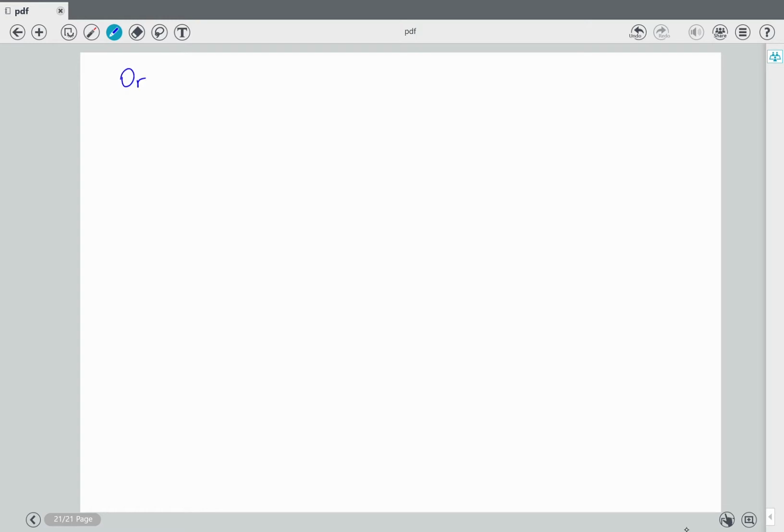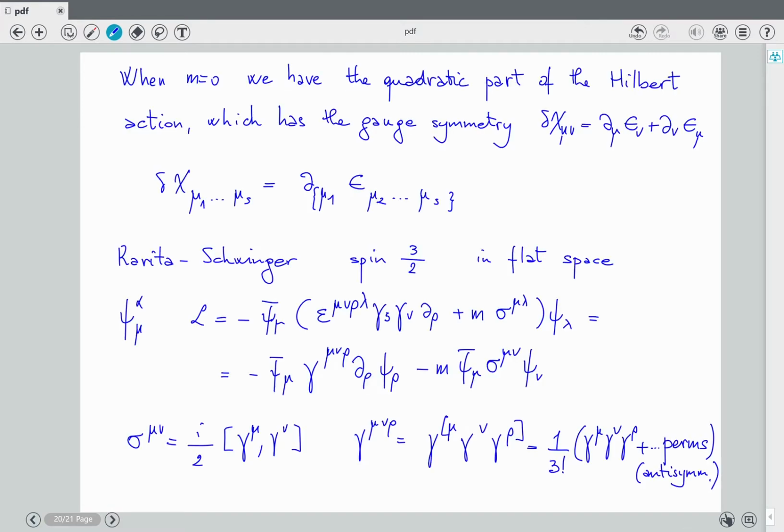Or we can write also the Lagrangian in this form: minus psi bar mu q mu nu psi nu, where the quadratic part can be read by expanding this product.